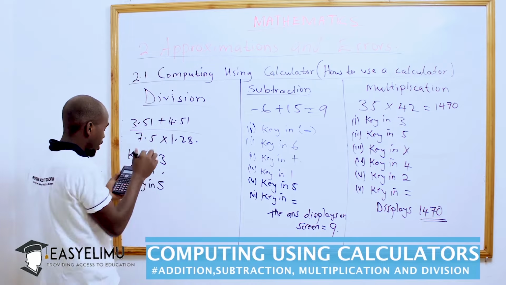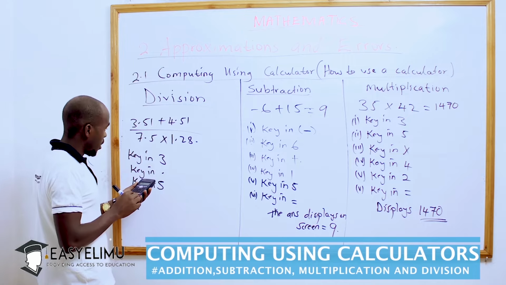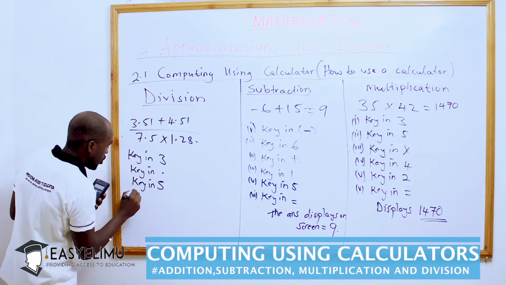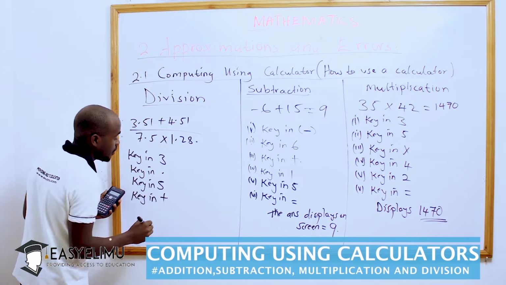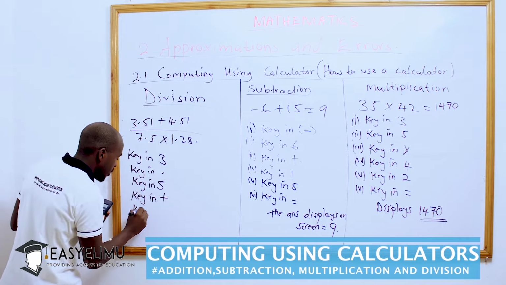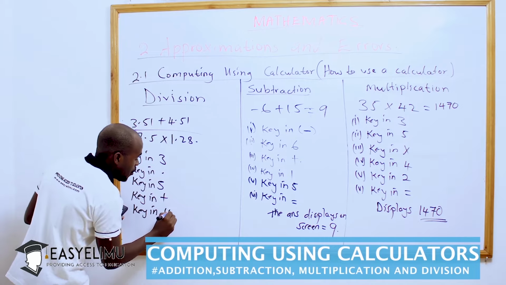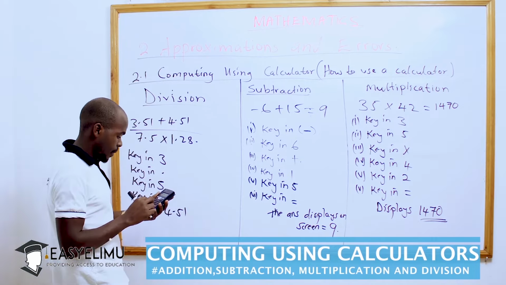For example, you will key in 3.51, and then after that you key in the positive sign, then key in 4.51.